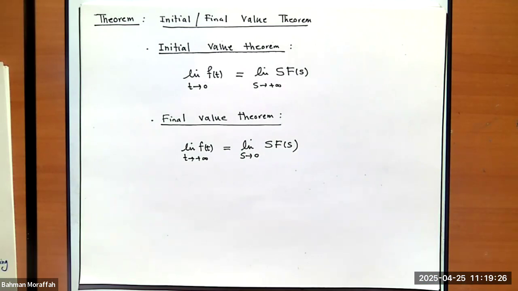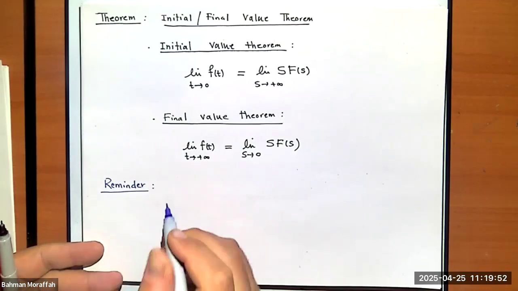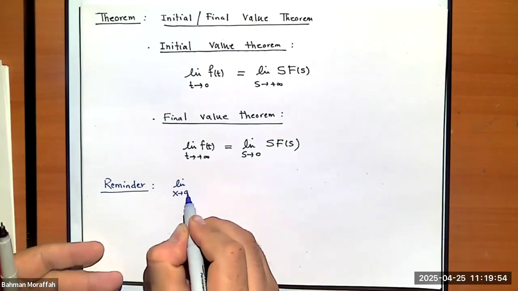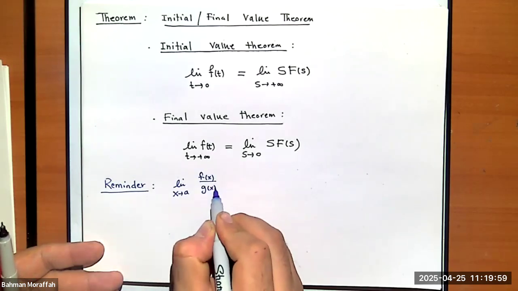So they're somewhat dual of each other. And as I just mentioned, whatever theorem that we learned about taking limits, we can apply here. For example, we learned about L'Hopital's rule. You can apply it here. What was L'Hopital's rule? Basically, a reminder: I want to find the limit when x goes to a of some function f(x) divided by g(x).